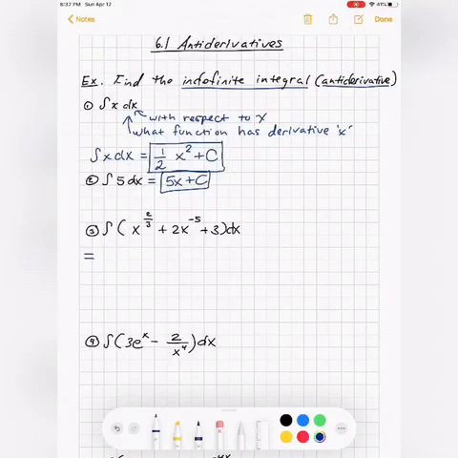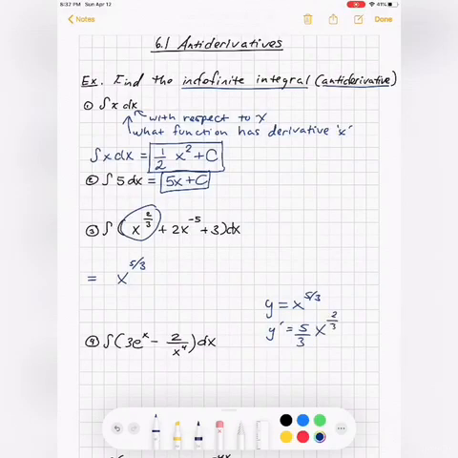Okay, what about this one? Let me integrate term by term. So this guy must have had an exponent 5/3, right? If I had x to the 5/3, if I differentiate that, I would get this. So how do I get rid of this 5/3 in the front here?